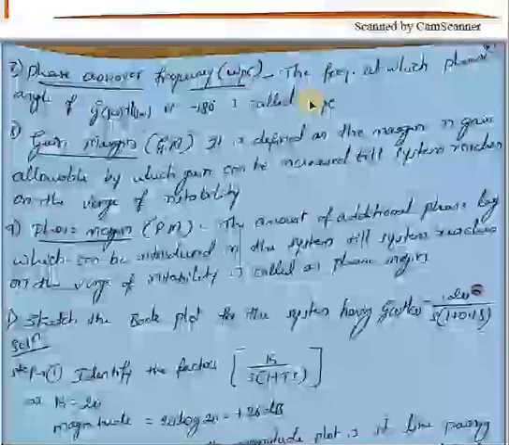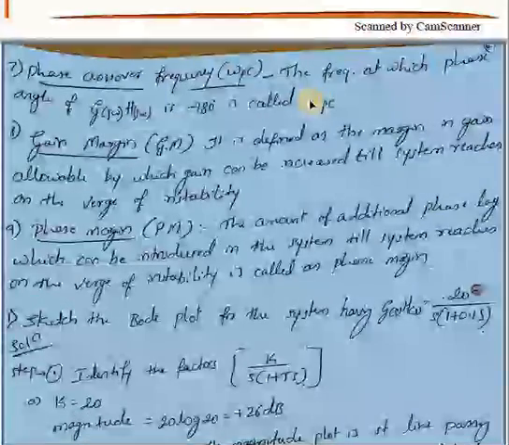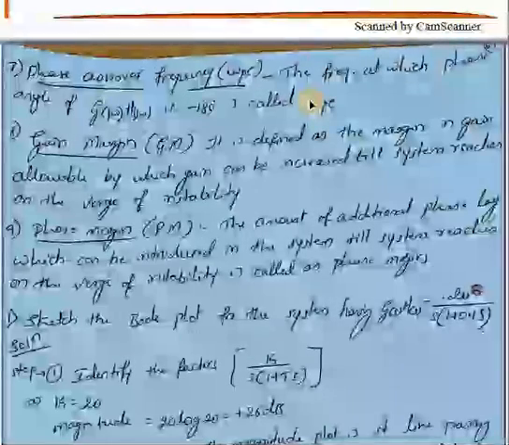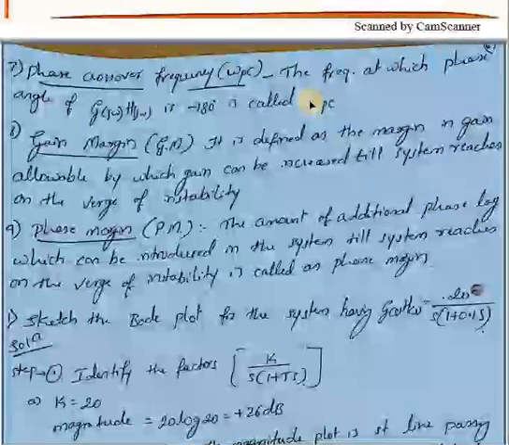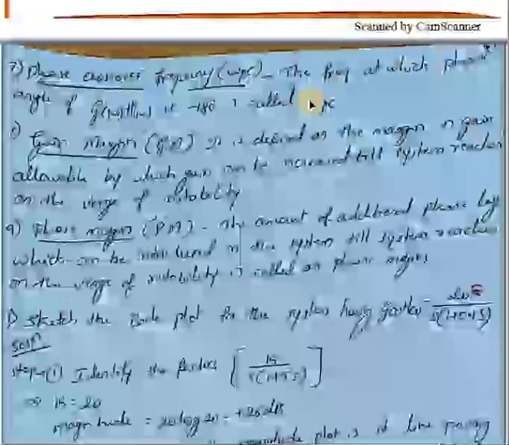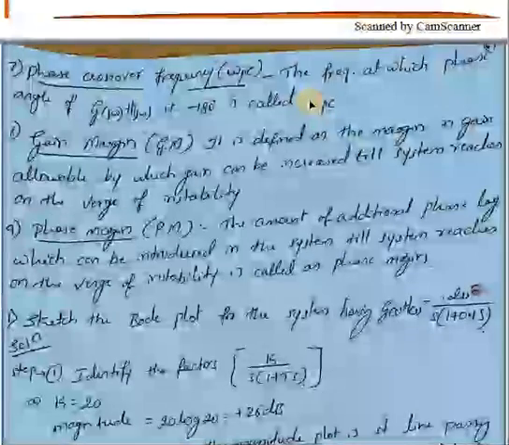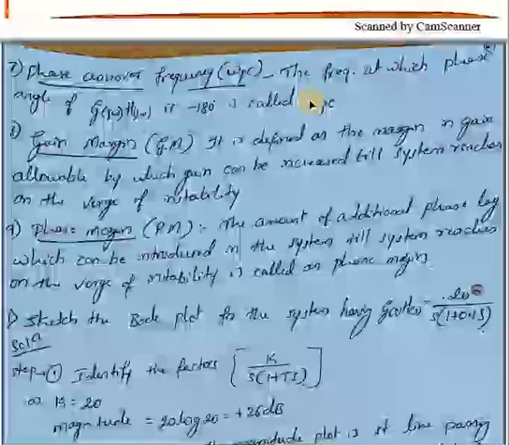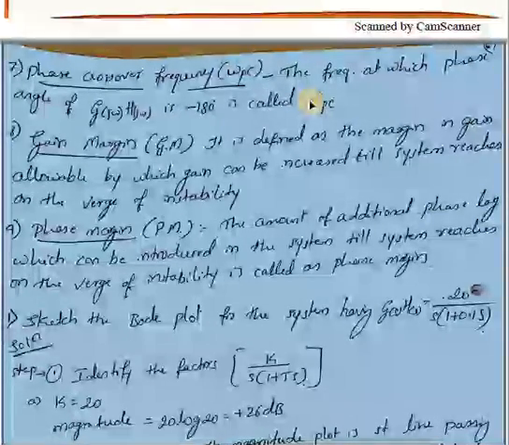That is, a positive gain margin means such an increase in K is possible before the system becomes unstable, and the system is stable. A negative gain margin means K is greater than the K margin, so the system is unstable, and K is required to be reduced to make the system stable.